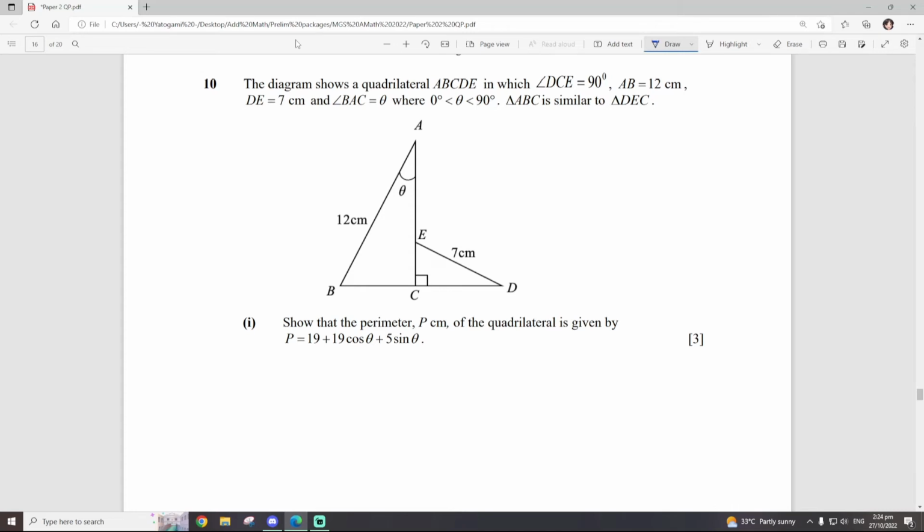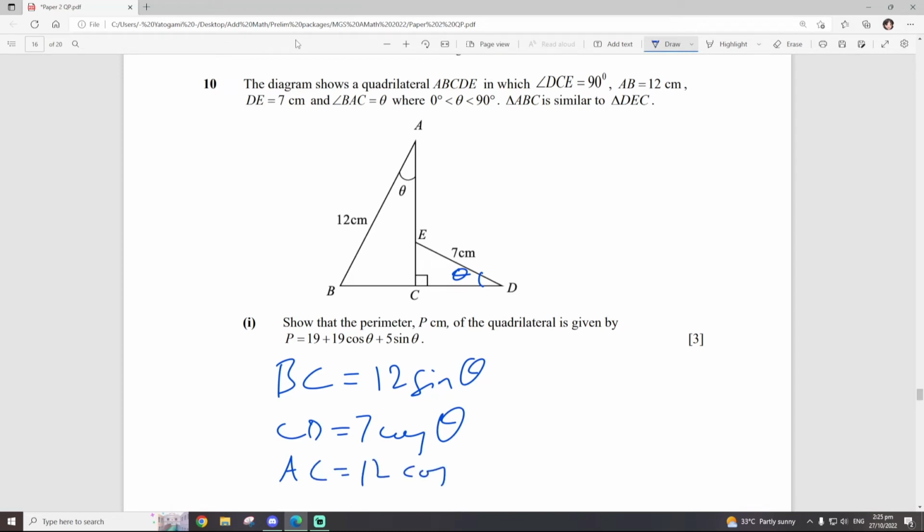So perimeter, so BC, take note that this is also theta. BC equals 12 sine theta. CD is 7 cosine theta. AC is 12 cosine theta.